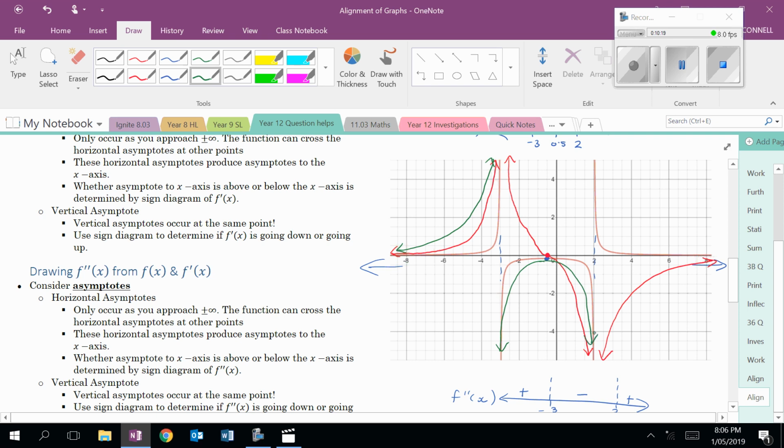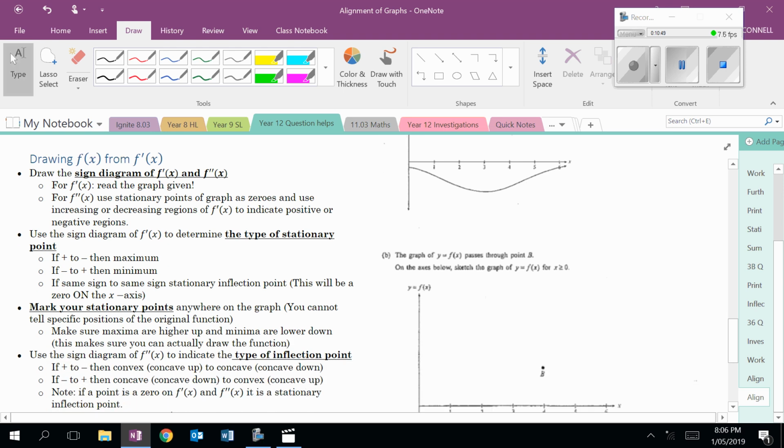Be very careful that when you draw it approaching vertical asymptotes, you do not cross over the vertical asymptote like I have done. That will cause you to lose a mark. So don't cross over the vertical asymptote, that's very important. And here to the right of 2 is positive, so it must be going up to infinity there and approaching the x-axis from the positive region. And so it'll look something like that.